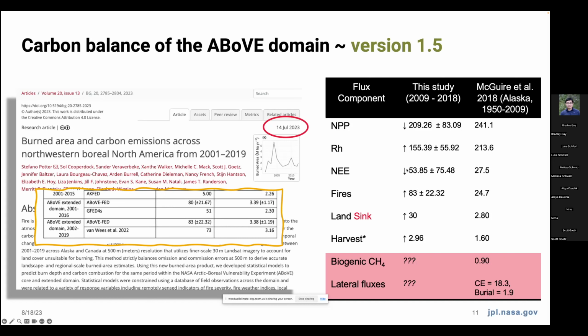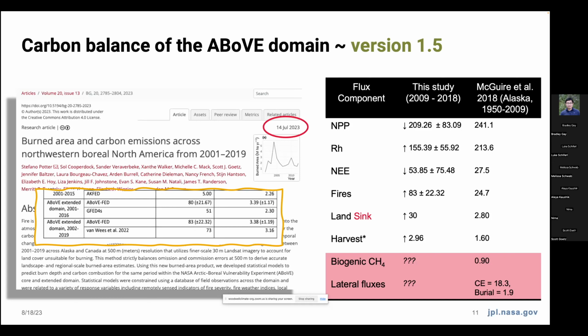If we do put in that 83, then if we start looking at NEE and fires together in terms of the land contribution, it's a big question mark whether this is still a sink, because this is now a positive of 30. One of the questions we have had with the ABoVE domain in general has been net source versus sink.